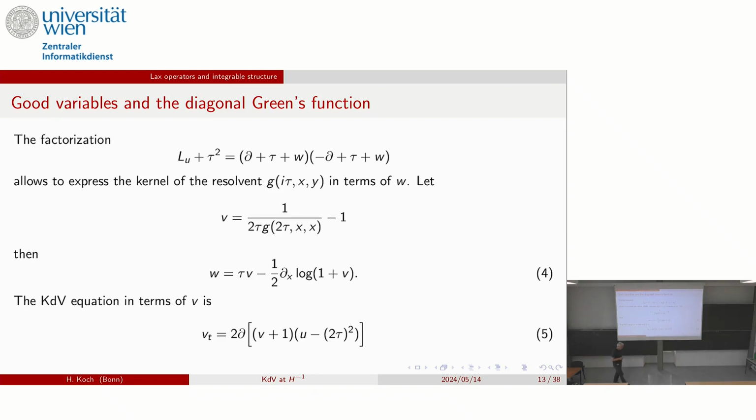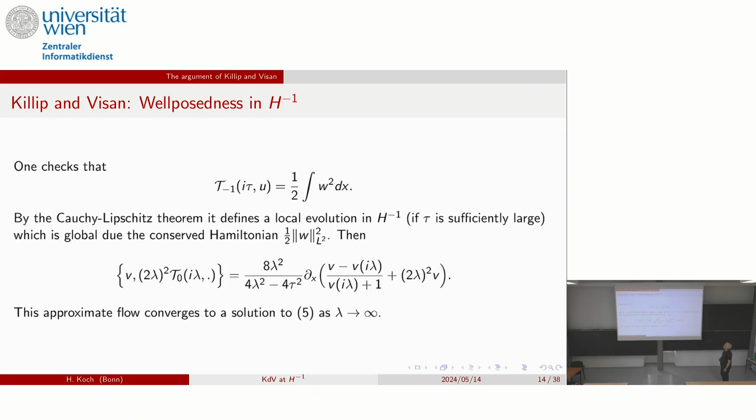Now, if you have an evolution of the KdV equation, then that corresponds to an evolution of this good variable V, of this diagonal of the Green's function. And then you get this equation here. Different ways of writing it, and I will come back to that.